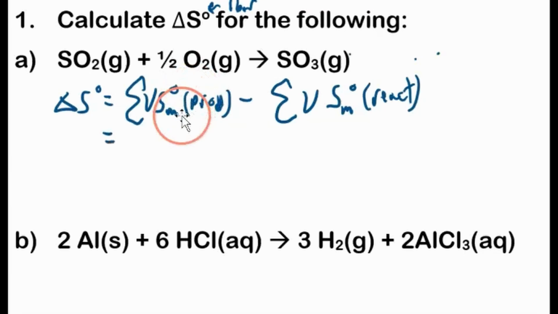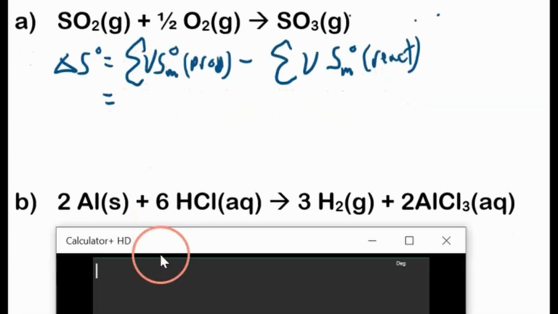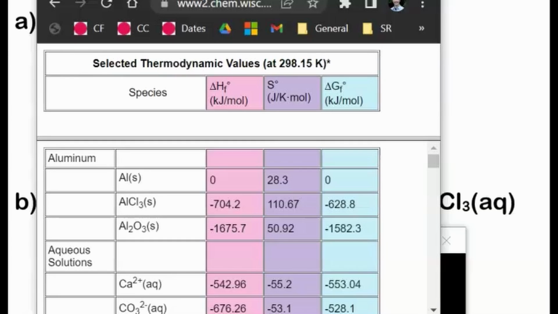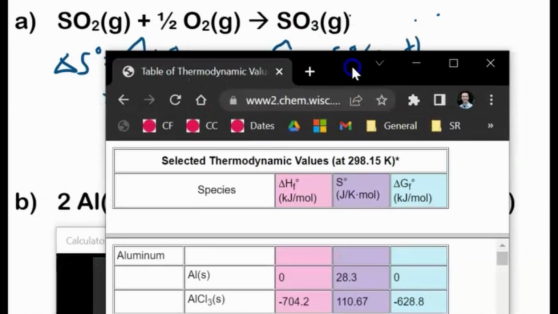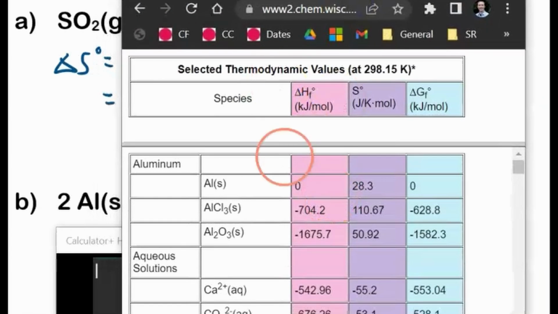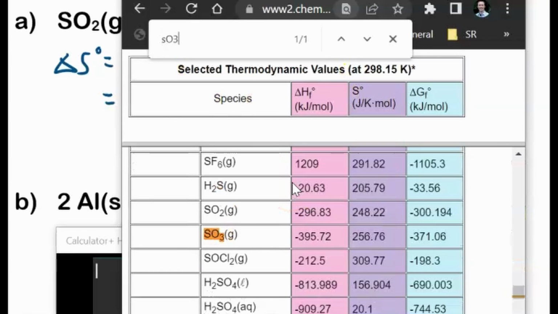Okay, and to do this, we got to look at a table of values to see what these molar entropies are because they need to be measured. So we have the molar entropy right here, and we need SO3 for the product. So I'm just going to do a search, SO3, and we got to make sure it's in the right phase.